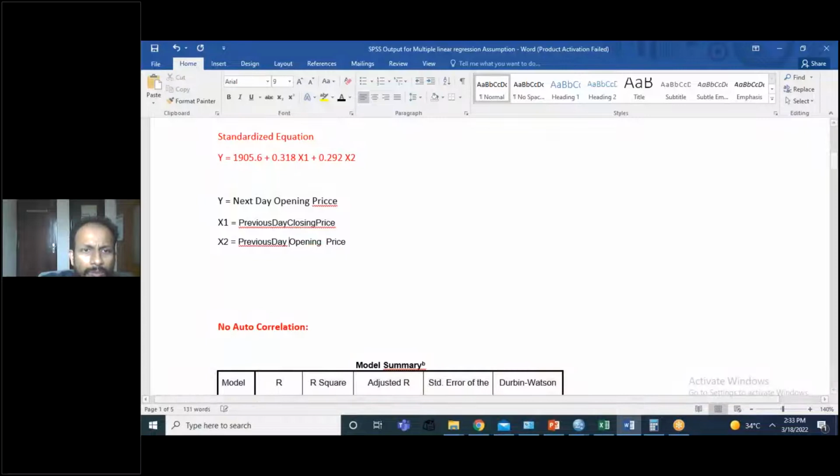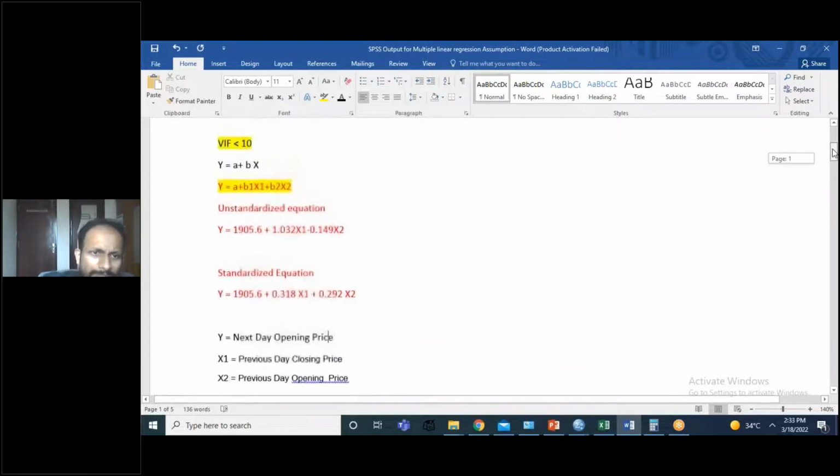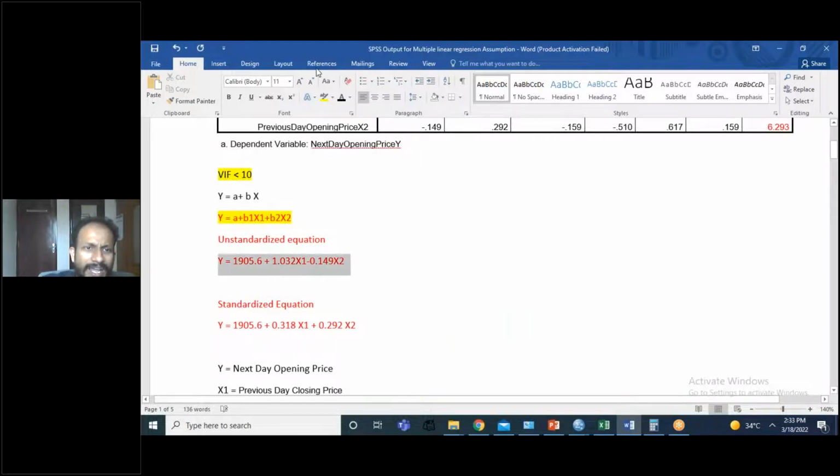Now I have got the equation for both the standardized and unstandardized one. You can either interpret the standardized one or the unstandardized one, it is up to us. Now how do we have to interpret this? Let us interpret the unstandardized equation. What does this equation tell us?